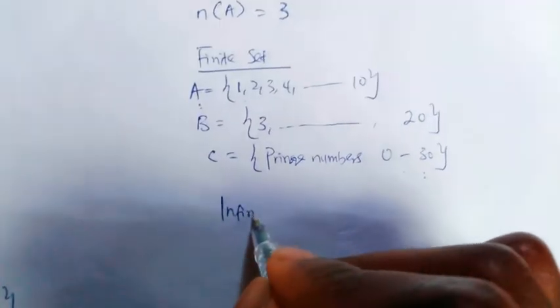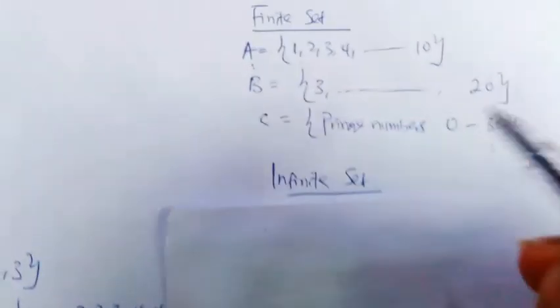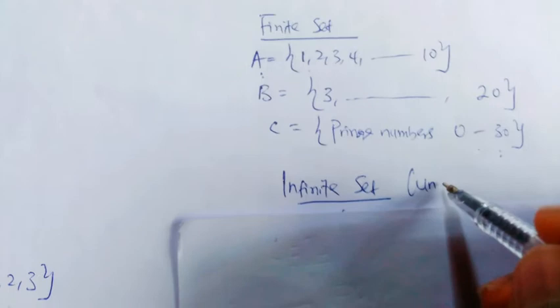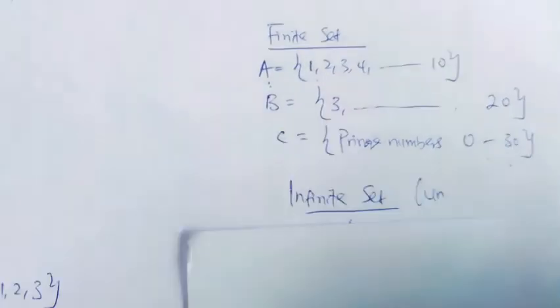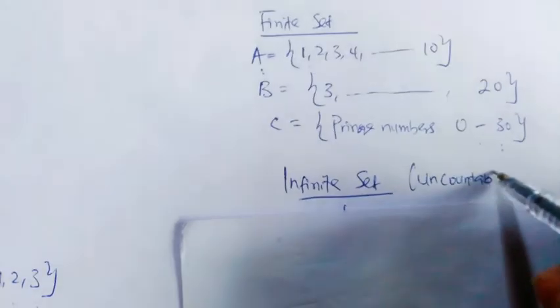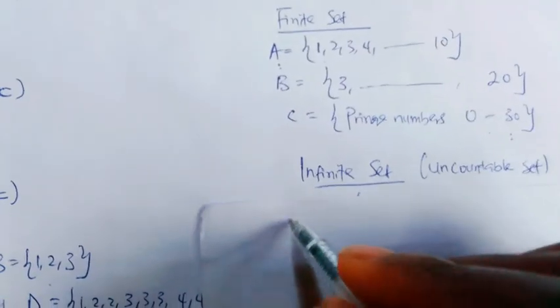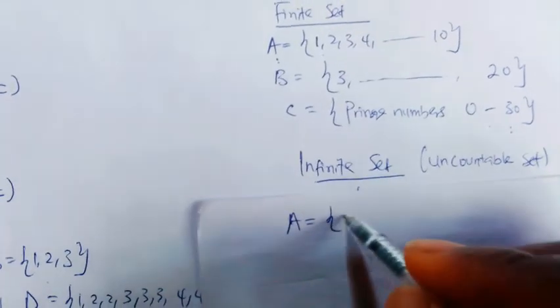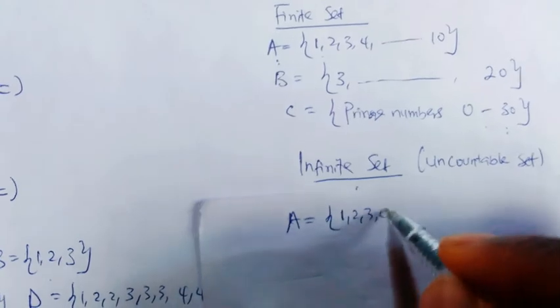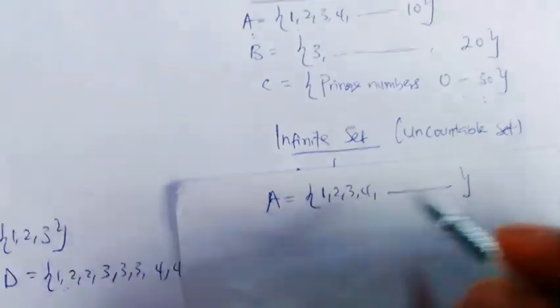For infinite set, it is also called uncountable set. That's the set whose elements are not countable, just as finite set is called countable. So a set such as A that will have 1, 2, 3, 4, and so on. We don't know the ending, but we know the beginning.